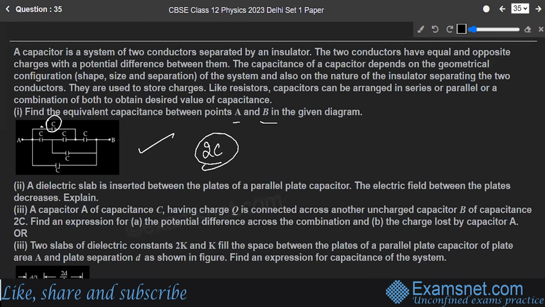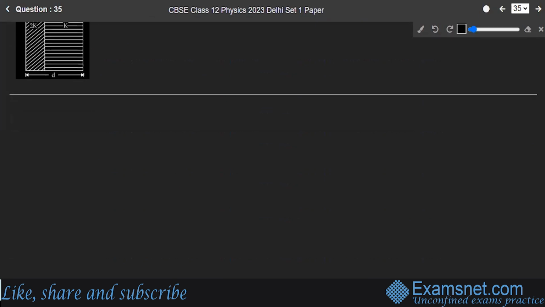Hope you're clear. The second part: a dielectric slab is inserted between the plates of the parallel plate capacitor. The electric field between the plates decreases. You have to explain why. See, the total charge of the capacitor remains conserved on introducing a dielectric slab. Also, the capacitance of the capacitor increases to K times its original value. So do remember this thing. Let's write it down. This is the second part.